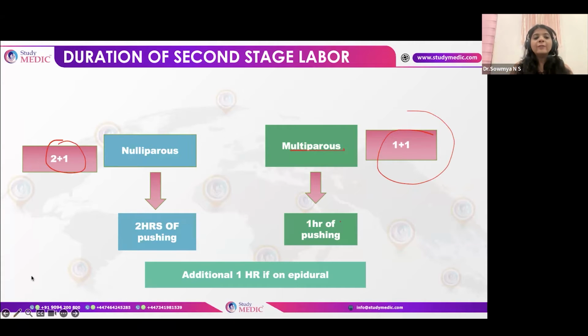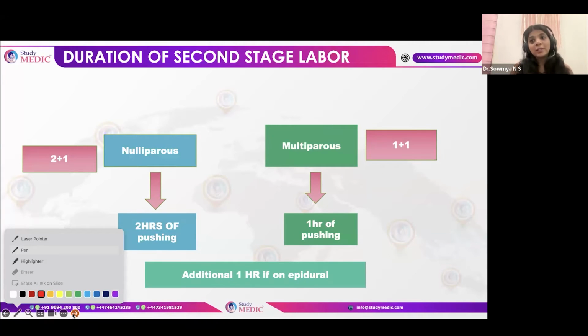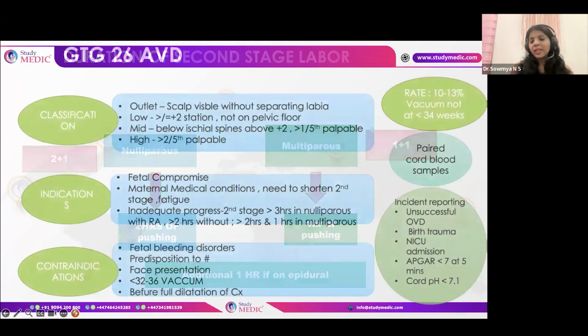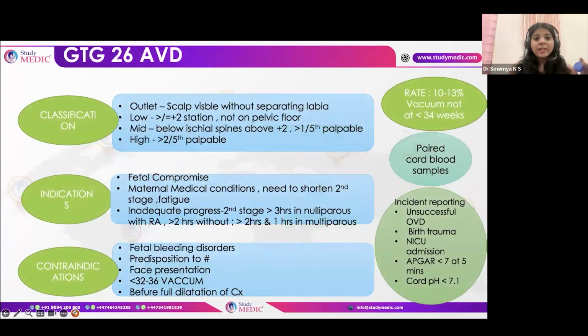If by then they don't deliver, looking into all other things, you might have to go for an instrumental delivery. Again, assisted vaginal delivery, you guys need to know the classification. When, what, and how you call. Obviously, you need to remember that for application of this delivery, like forceps or vacuum, the baby should be less than 1/5 palpable, membranes absent, and you have to inform your consultant and pediatrician and everybody.